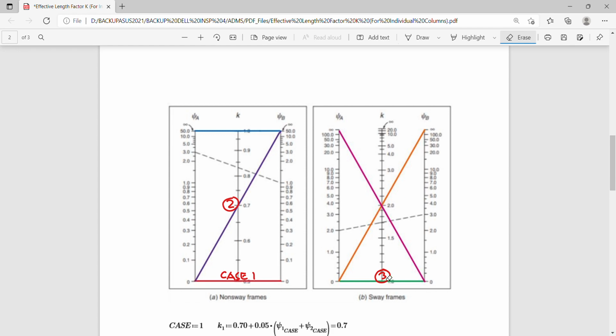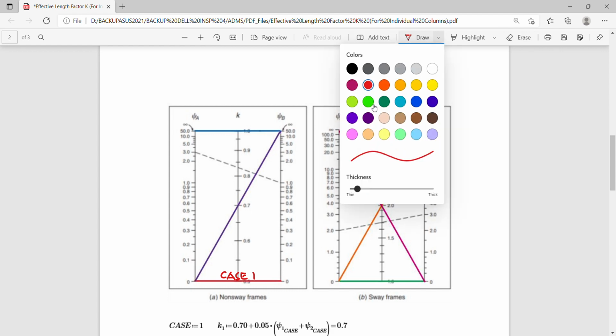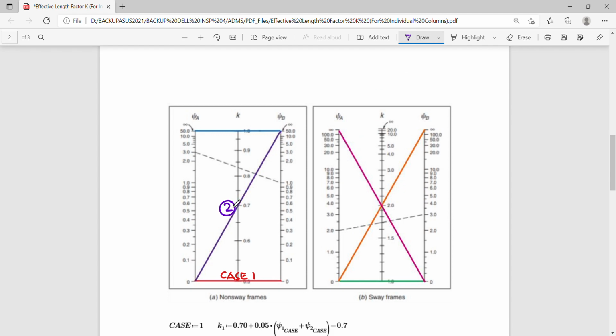Okay, so we might as well use the color to represent the case number. Okay, so this is now the violet color, which represents case 2.